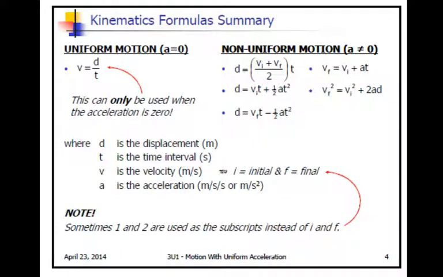But in general, you're going to be given a problem with 3 pieces of given information, one variable you would need to solve for, and one variable you might not be interested in. You would basically use the equation that includes the 3 given variables and the variable you need to solve for.